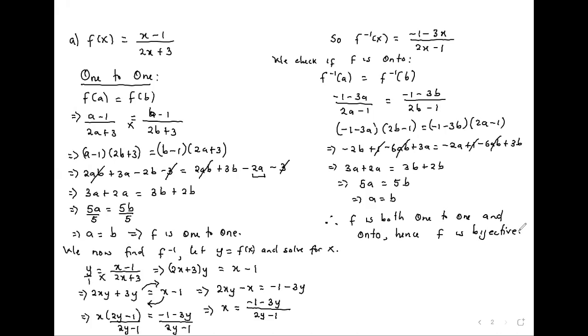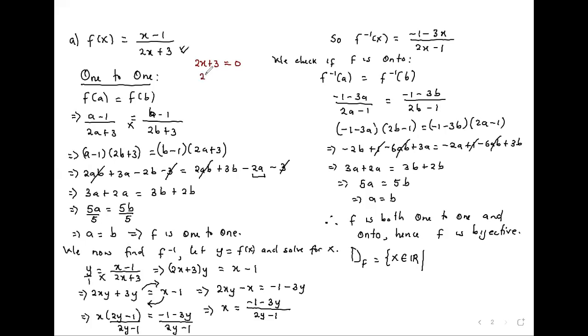Because it's bijective, let's now find the domain. So the domain of F is X must be a real number, except for where its denominator becomes 0. So we equate the denominator 2x plus 3 to 0.